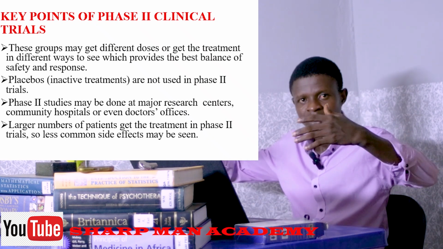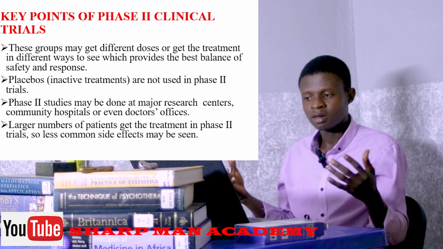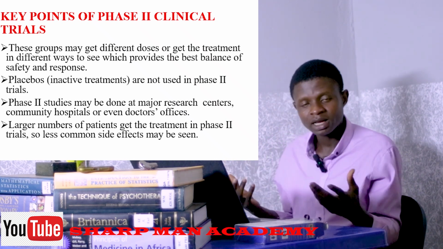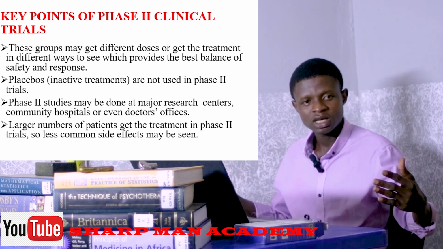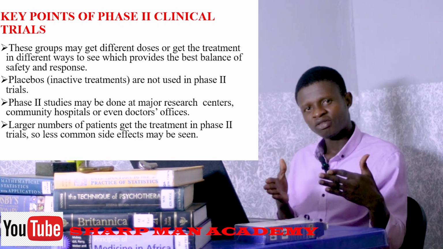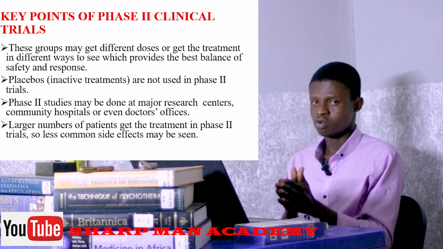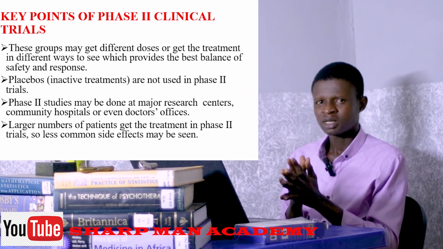And at this phase 2, a large number of patients get the treatment, and we are able to identify less common side effects. Because when you recruit a lot of people into the study, you are able to identify side effects. Let's say in phase 1 you recruit very few people, so detecting side effects sometimes becomes very difficult, because if those few people do not present any side effects, you will not be able to detect less common side effects.